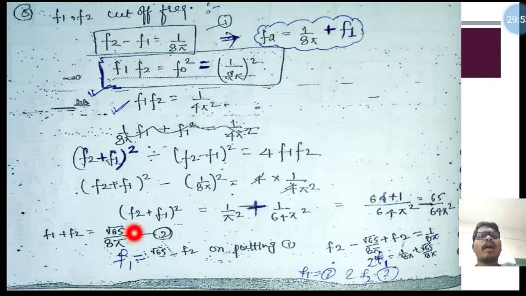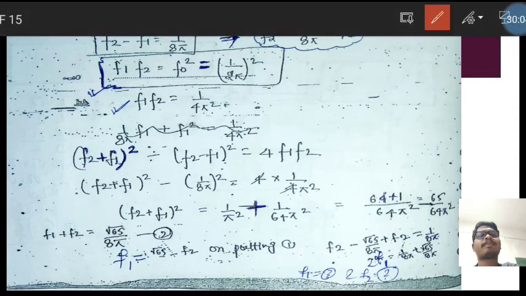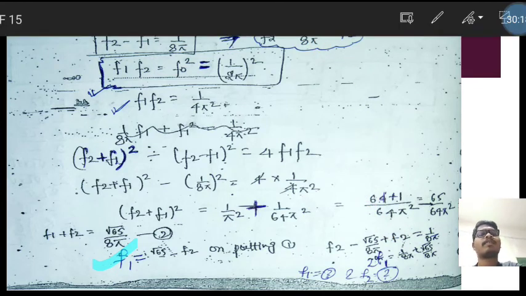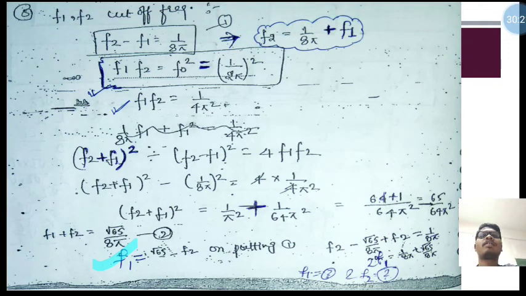Okay, and after taking the root on both sides, then we can find f1 plus f2 is equal to root over of 65 divided by 8 pi, and f1 is equal to root over of 65 divided by 8 pi minus f2, and putting this equation here, then we can find f1 and f2. Okay, so all the elements are got here.